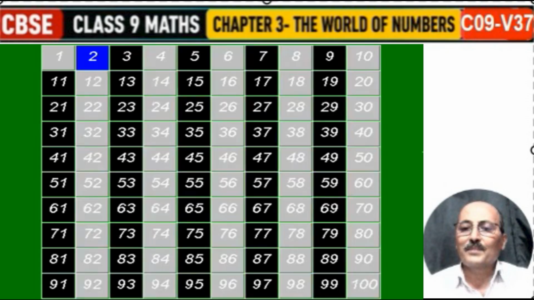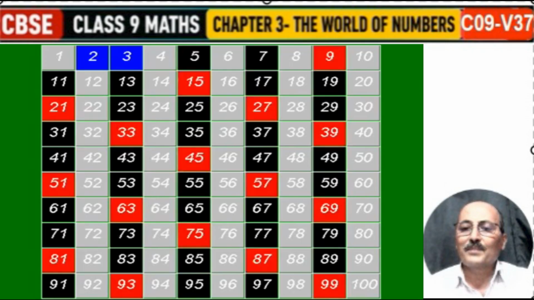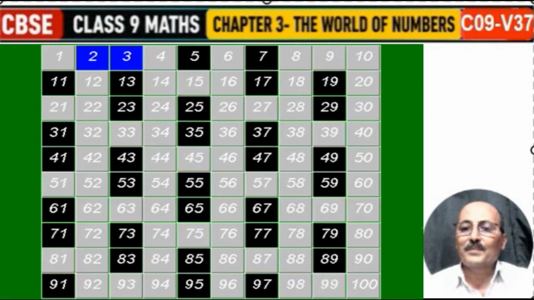The next number 3 is not divisible by 2, hence it must be a prime number. It also has factors 3 and 1 itself. Now the multiples of 3 are not prime numbers, so we'll leave them from the list. Next, 4 already cancelled. 5 is the next prime number, which is divisible by 1 and itself.